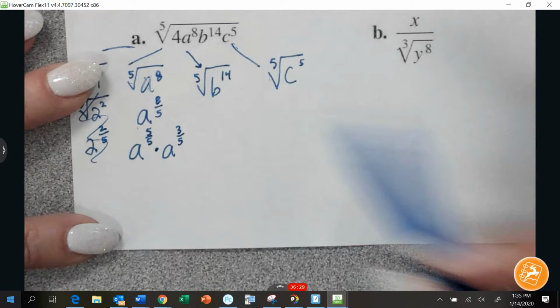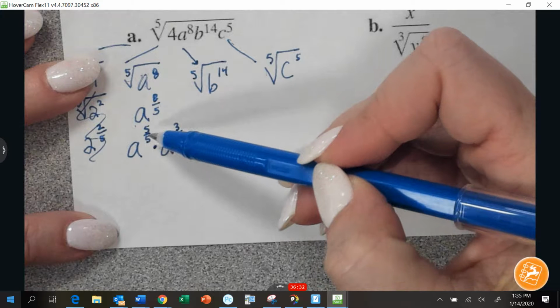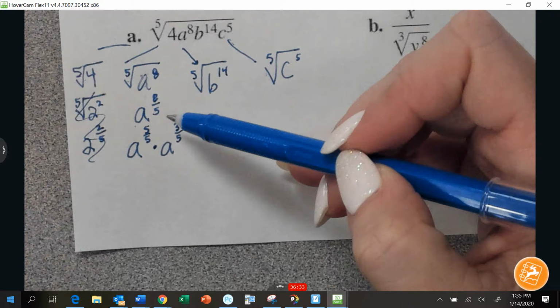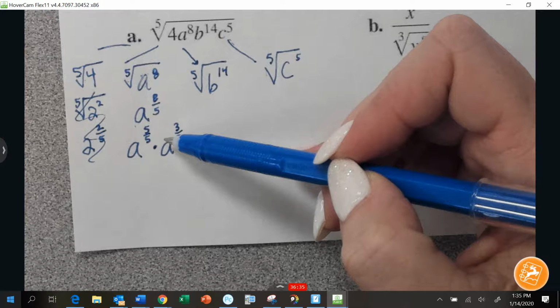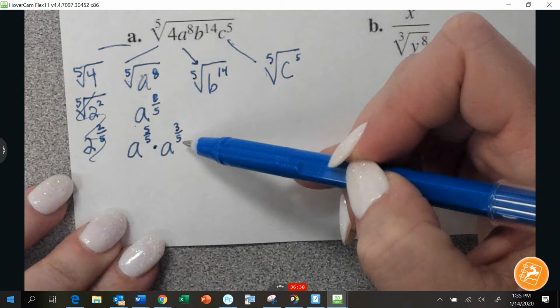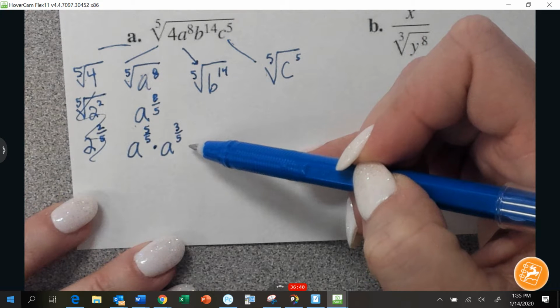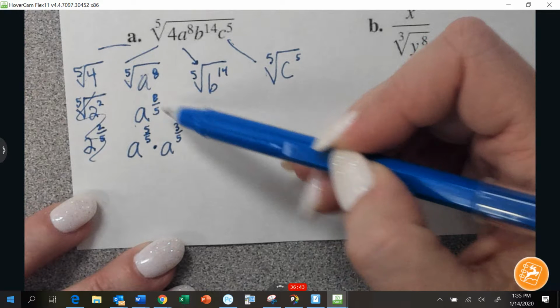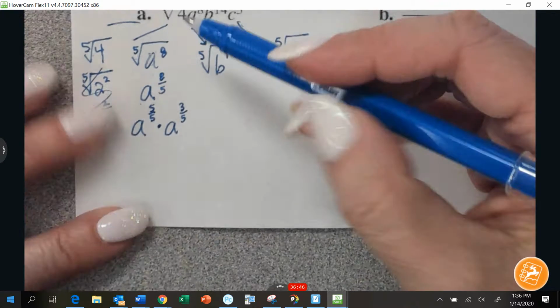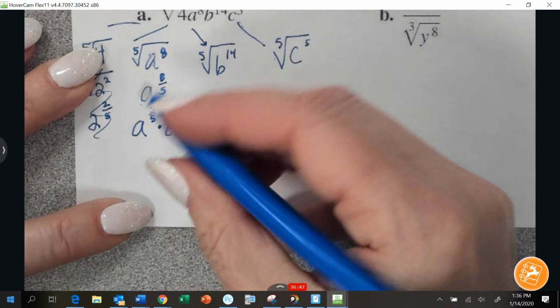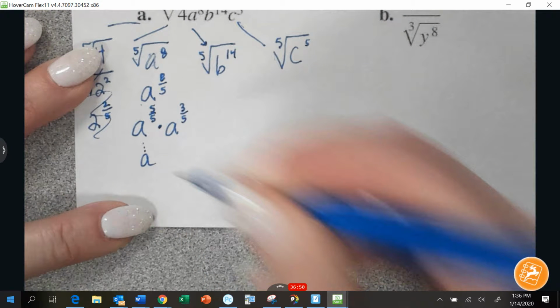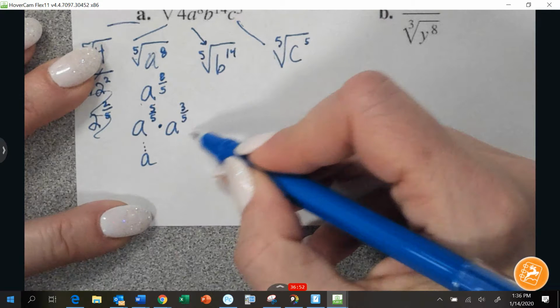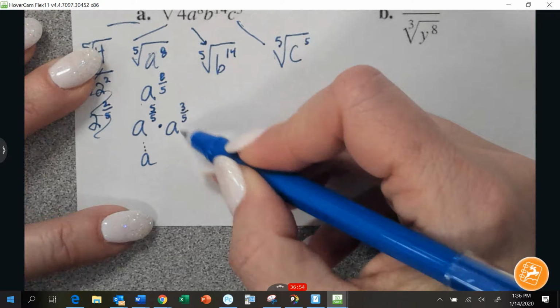Why did I choose 5/5? Because I want to take out any whole counts. And then 3/5 would be the leftovers. So I separated the 5/5 out from whatever's left over. One more step, this 5/5 is going to be an a. I'm going to put the rest back into radical form.